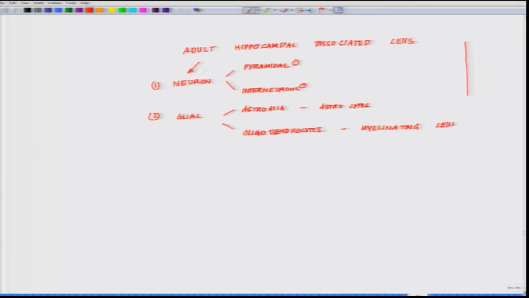So, what you are getting here, think of it, you are getting a mixture of different cells.